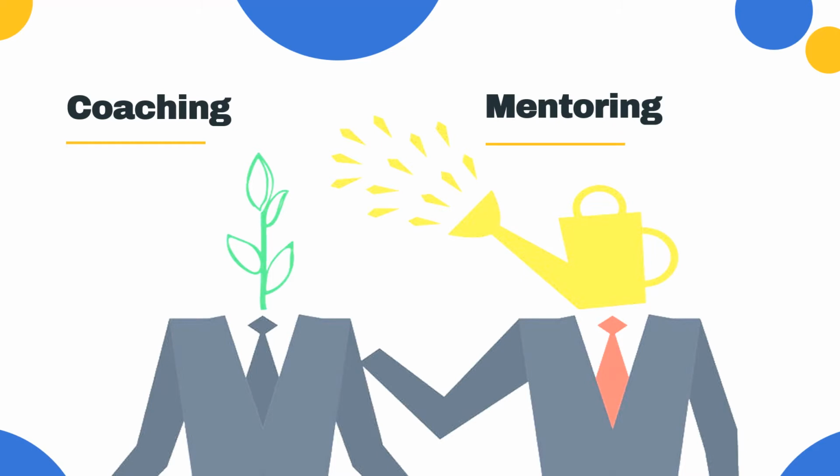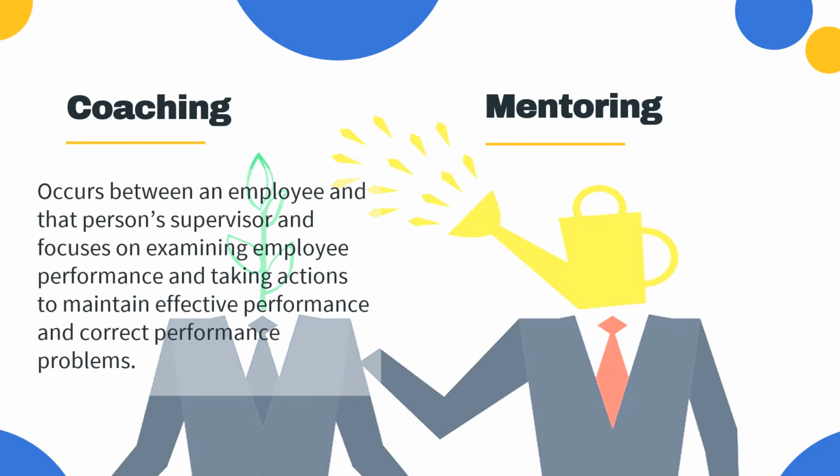The two other forms of on-the-job training are coaching and mentoring. So let's differentiate the two. Coaching typically occurs between an employee and that person's supervisor and focuses on examining employee performance and taking actions to maintain effective performance and correct performance problems.